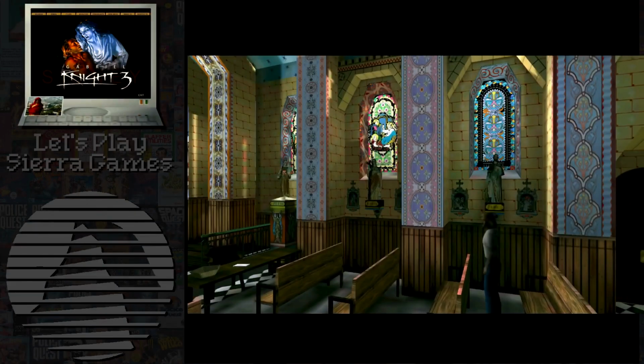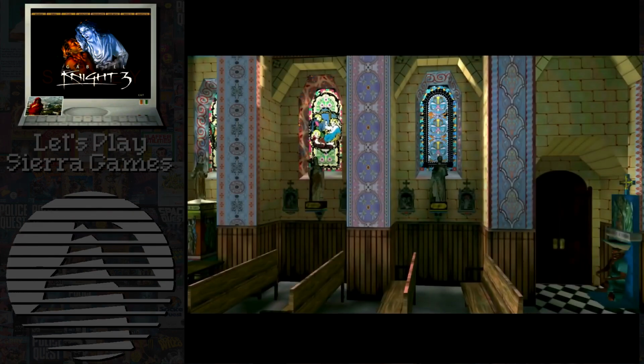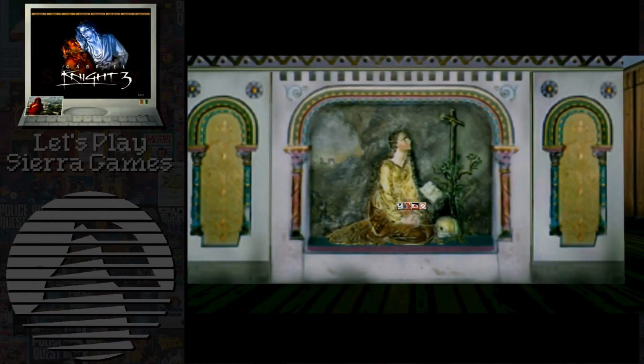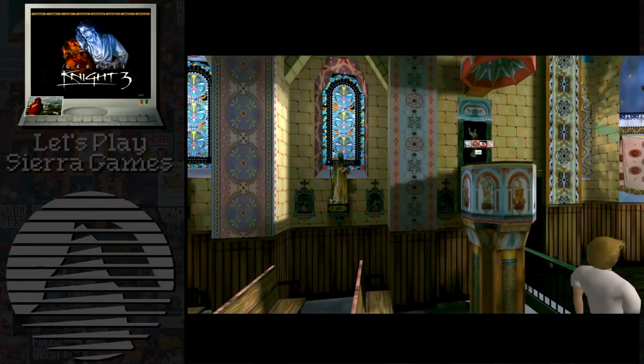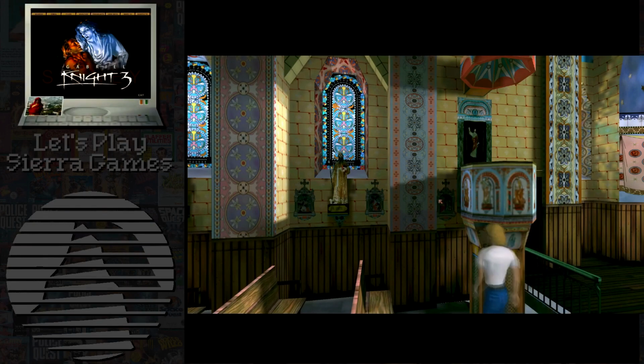And one of the things you want to do, definitely in any Sierra game really, but especially Gabriel Knight, because Jane Jensen does so much to add detail and story, is look at everything, because it's all going to pretty much give you a clue. And the amount of detail that went into Gabriel Knight 3 is rather amazing, because all of these photos, all of these statues, they all have a comment to them.